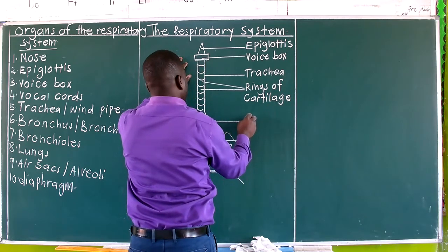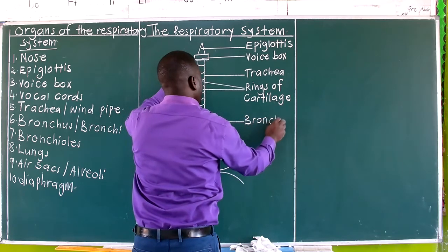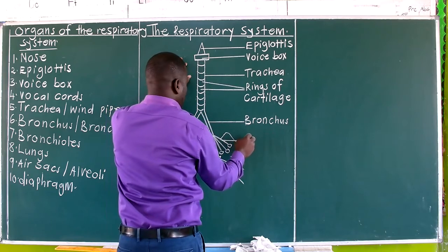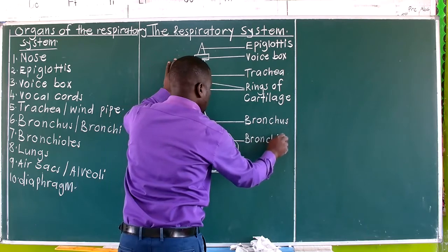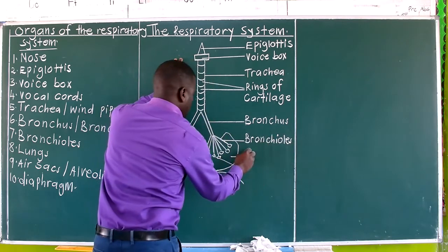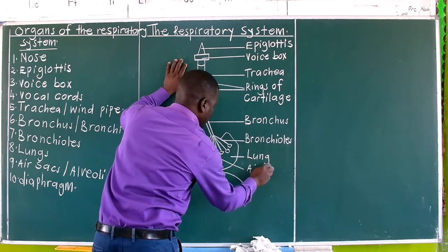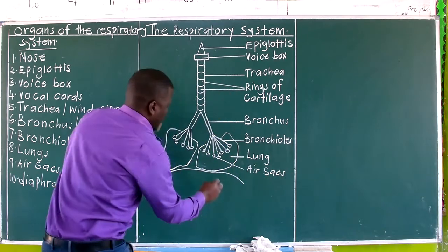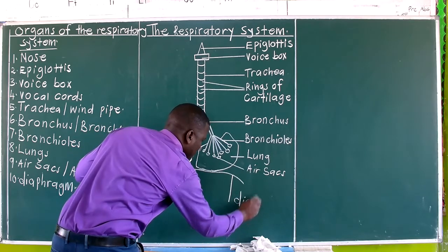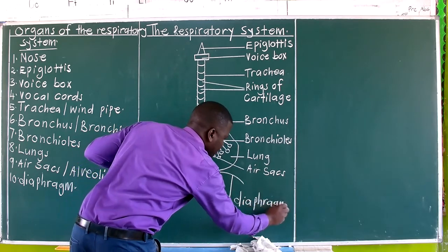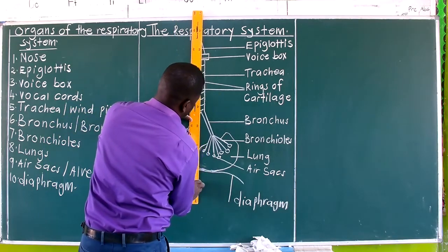This one is called bronchus. This one is called bronchioles. This one is called lung. Air sacs. Then this one is called diaphragm. Then we have this part here.